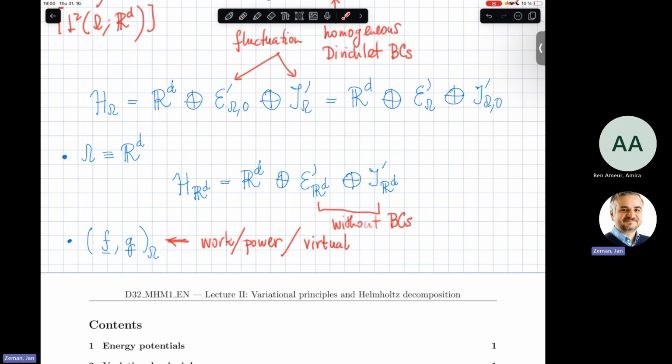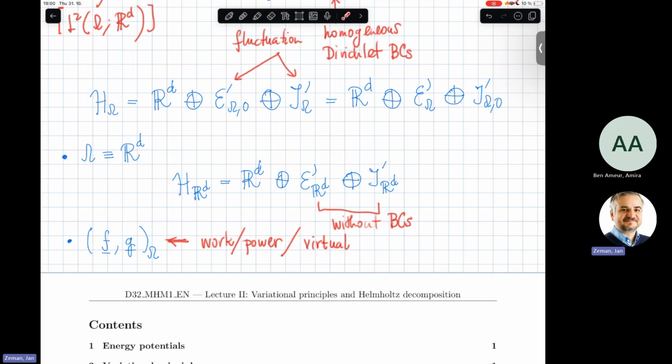If I say that I have all curl-free fields and divergence-free fields, they are mutually orthogonal to each other, meaning they do no work. Again, let it be real or virtual. So this is what I mean by this expression.